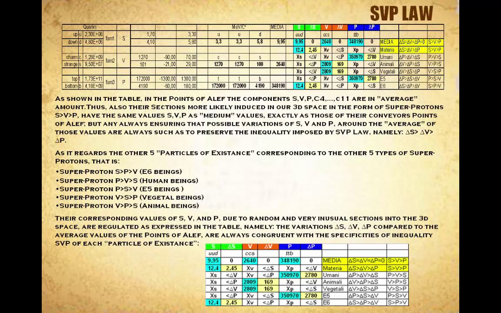We can say that their corresponding values of S, V, and P, due to random and very unusual sections into the 3D space, are regulated as expressed in the table, namely the variations delta S, delta V and delta P compared to the average values of the points of Aleph are always congruent with the specificities of the inequality SVP of each particle of existence.